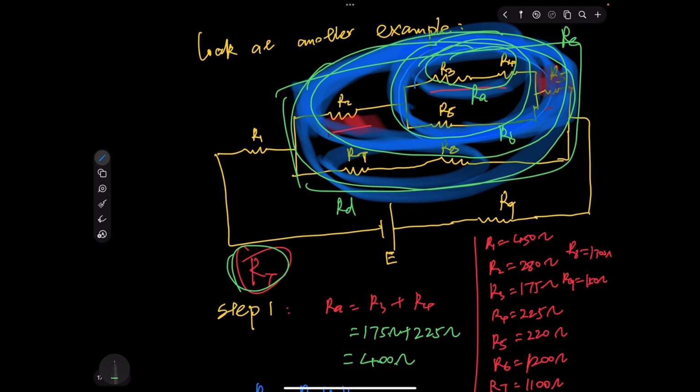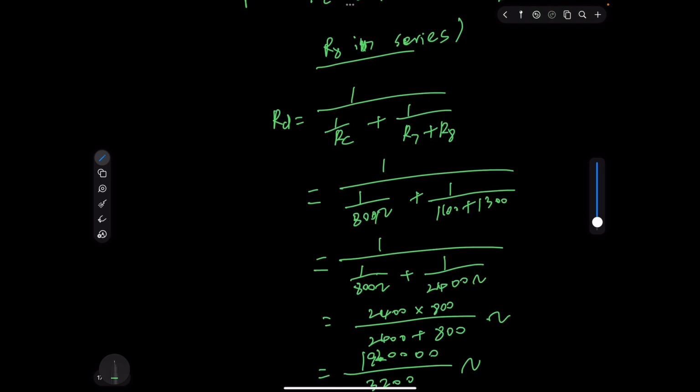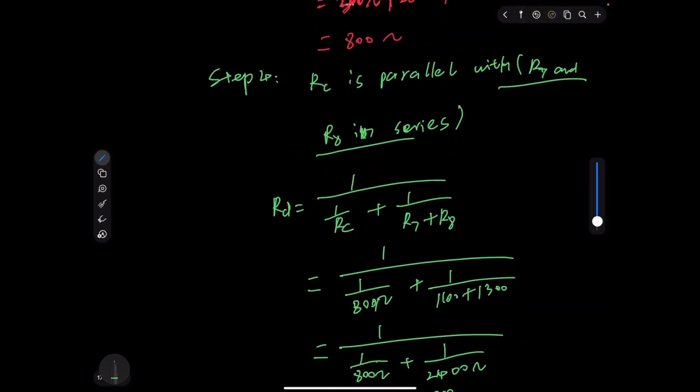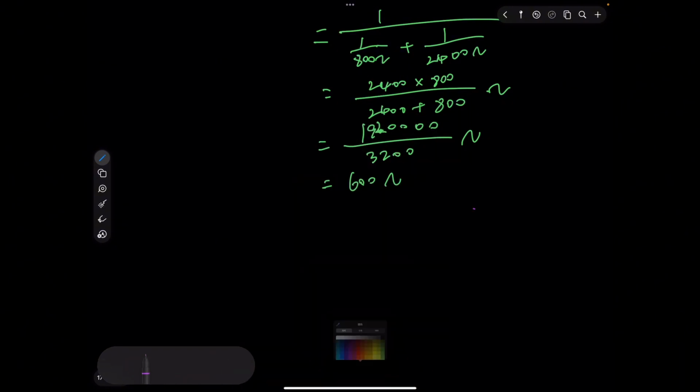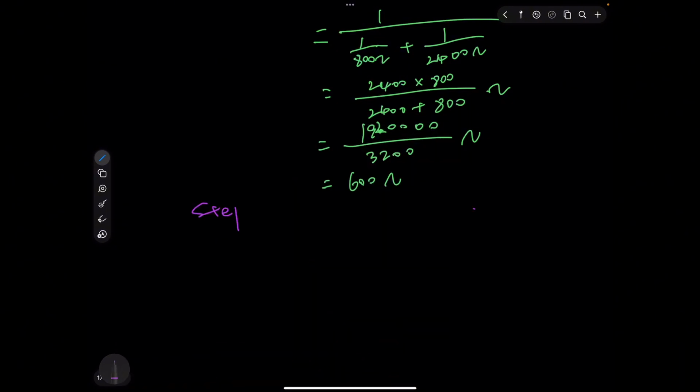So this part will be our RD. After we get RD, there are only two resistors left. So that's R1, RD, R9 in series. We have step 5. Step 5 will be R1, RD, and R9 in series.